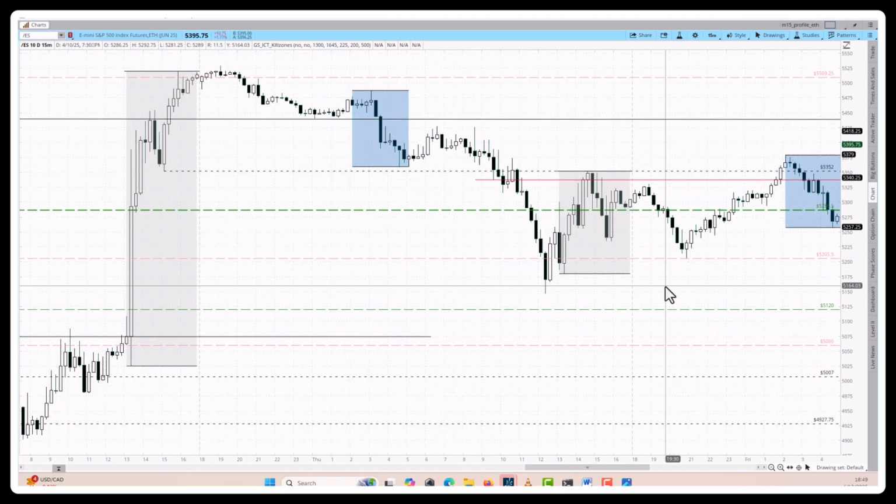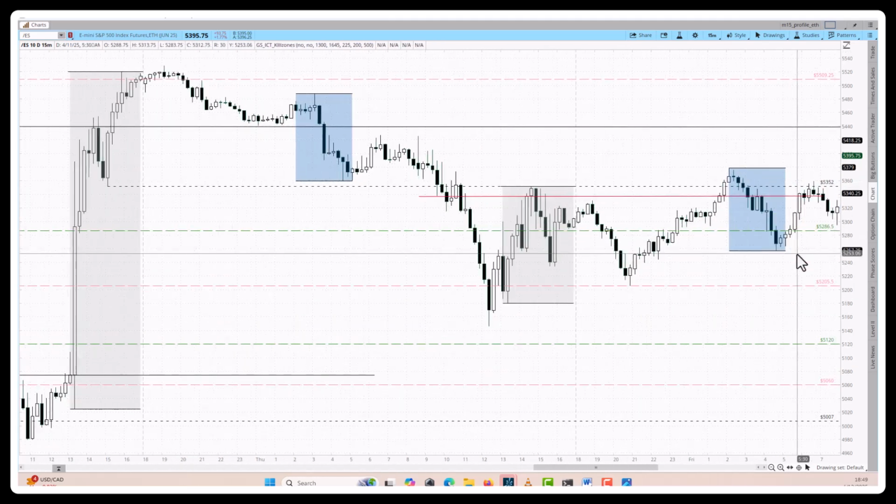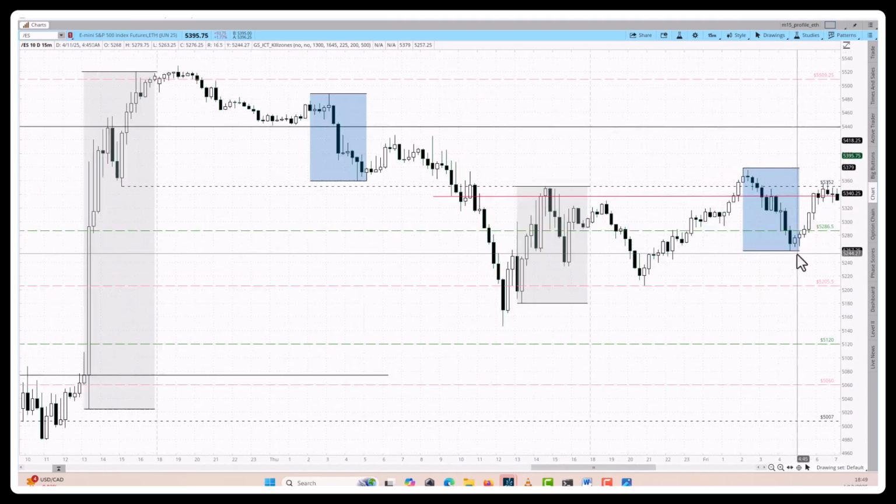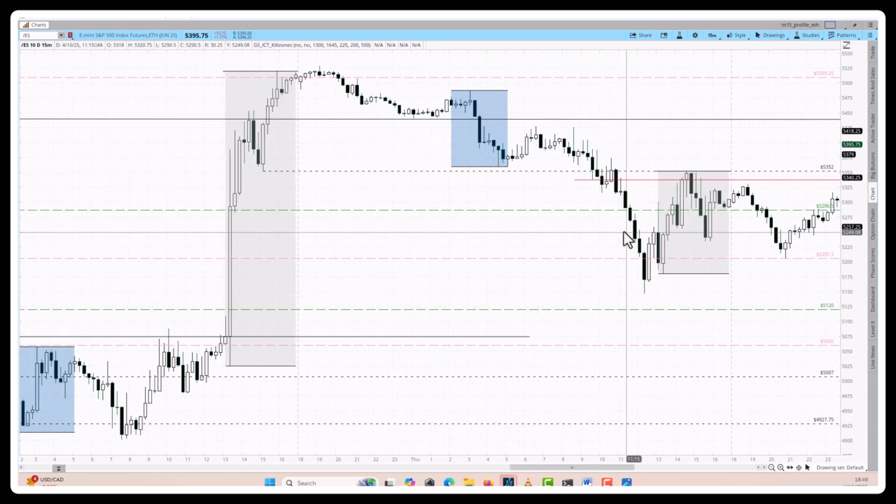Let's review. This is a Friday, and now we go to Thursday. We see a completely different story at 9:30. You see the Dow close right there, and the open is way below. It's open below, so we can engage. We don't have to worry about consolidation.